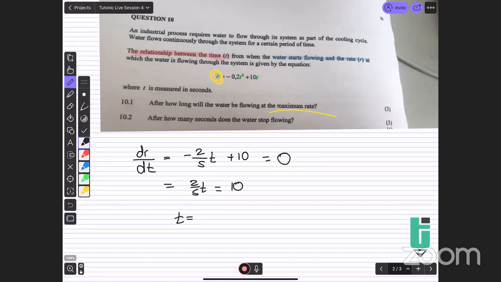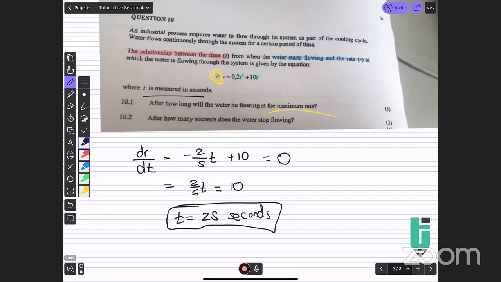So that means after 25, let's say seconds. Where does it say seconds? Oh, t is measured in seconds. So after 25 seconds, it's the maximum. Is 25 the maximum, by the way? It's the x value at which it's maximum.